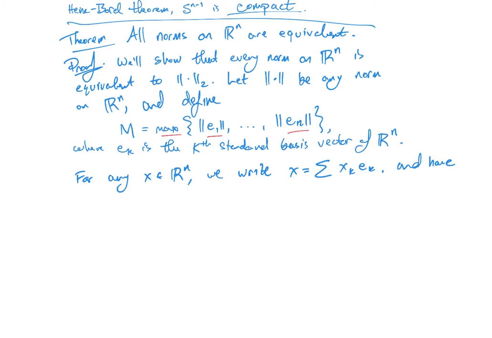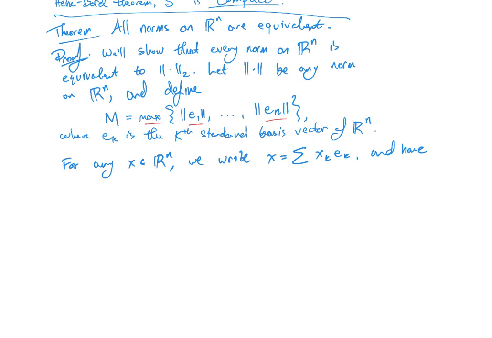Any vector is just the sum of its components times the standard basis vectors, and then we go to compute its norm. That's what x is. We already said that.